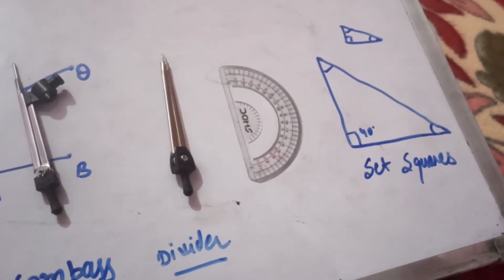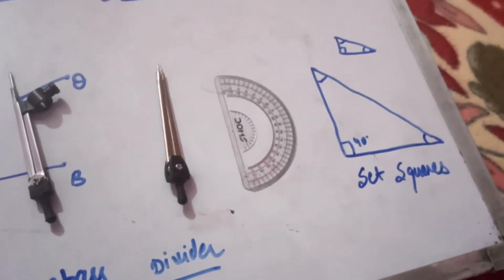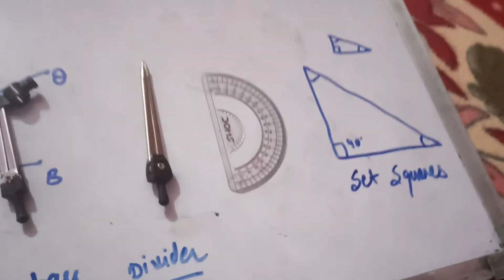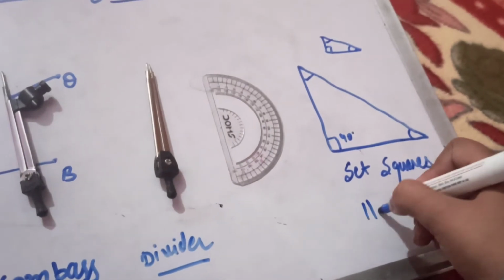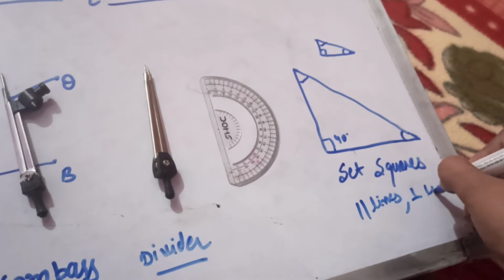Right? These set squares are used to draw parallel and perpendicular lines.